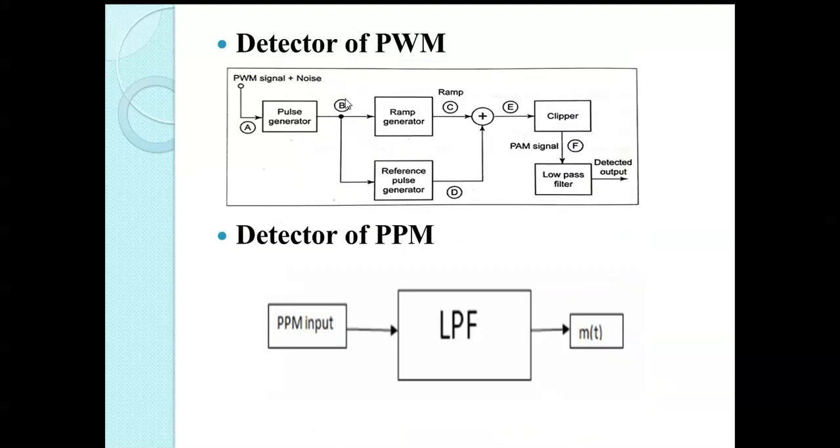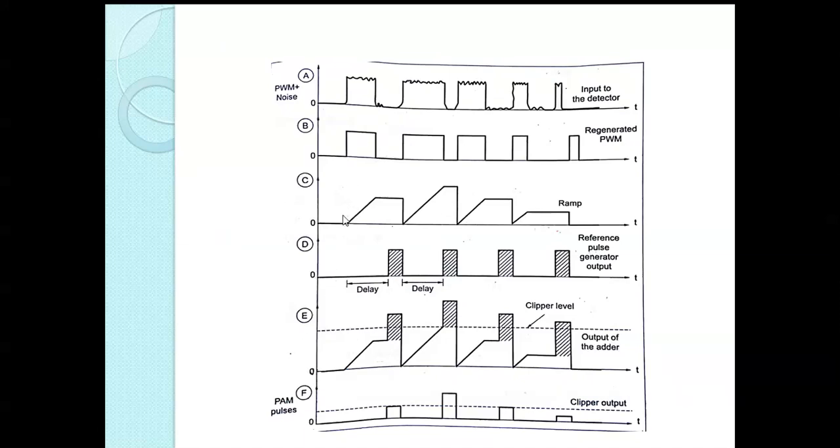At this point I have the proper pulse. This is given as a reference, and it is sent to a ramp generator, which will be your C and D. Here you can see that for the positive part of the pulse the ramp slopes up, and for the negative part it is sustained and then comes down. For the next pulse, it starts from here and ends here.